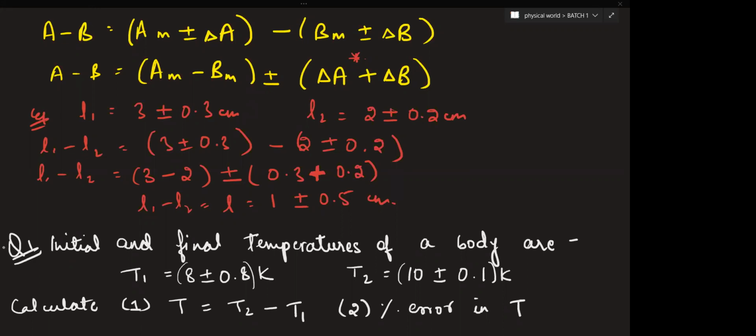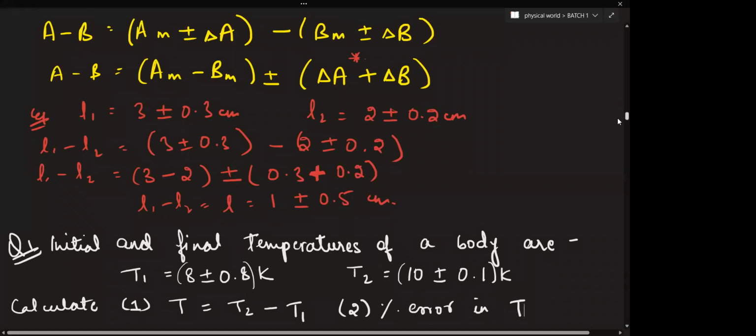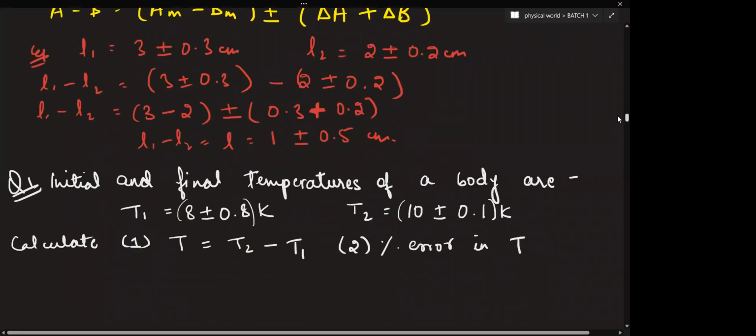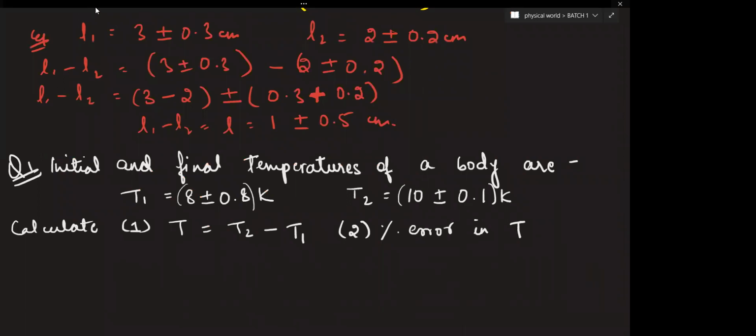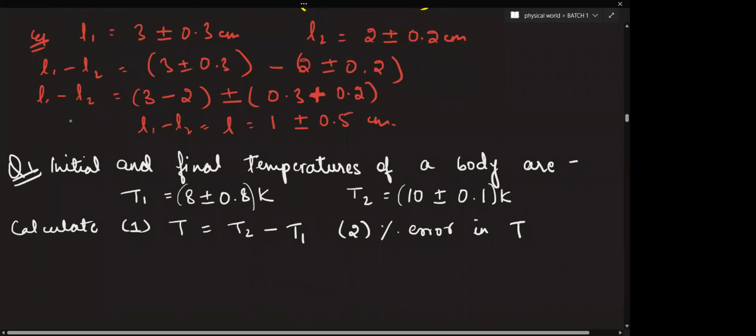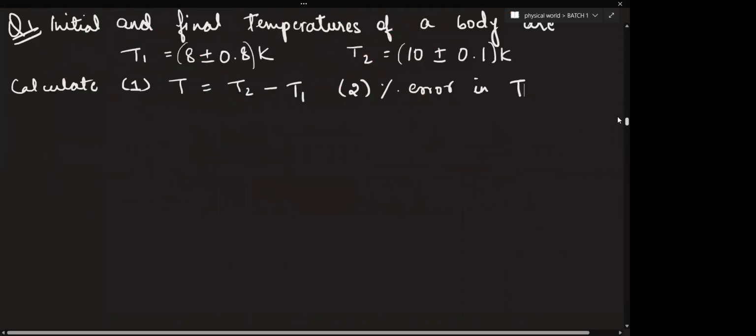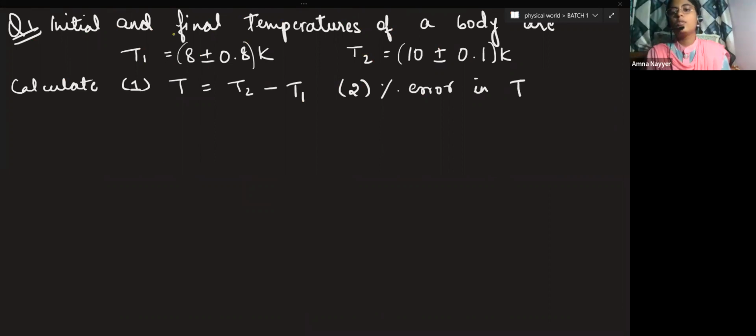So check what's the mean absolute error in your answer, what's the mean value in your answer. See, how will we do it? T2 minus T1 you have to calculate.